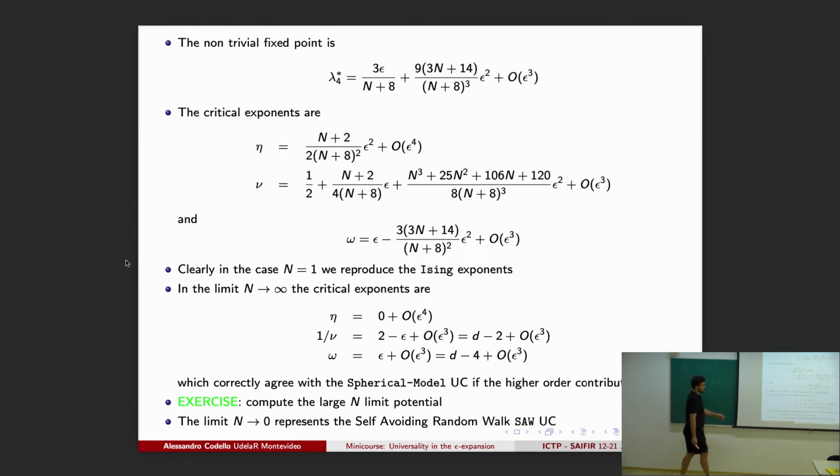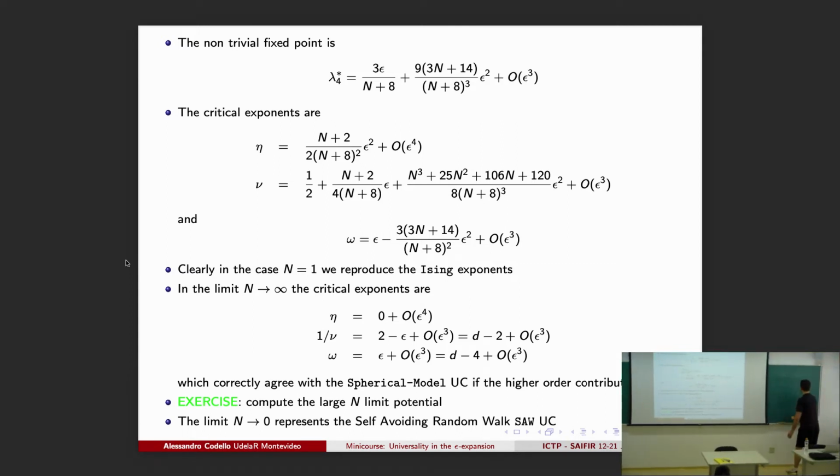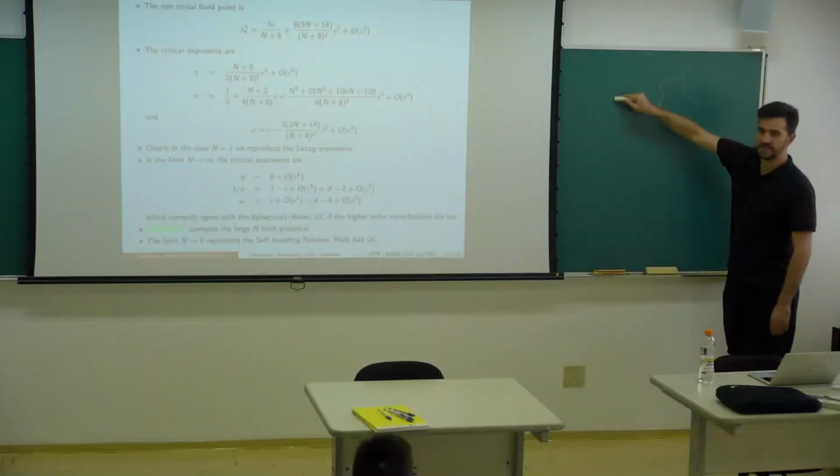But what is more interesting is that, for example, the n equals 0 limit reproduces the universality class which is related to self-avoiding random walks. So this is a very nice part of statistical mechanics. Self-avoiding random walks are random walks where the walker cannot cross himself.